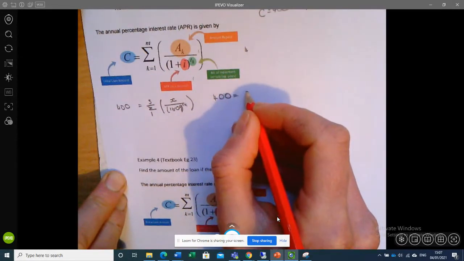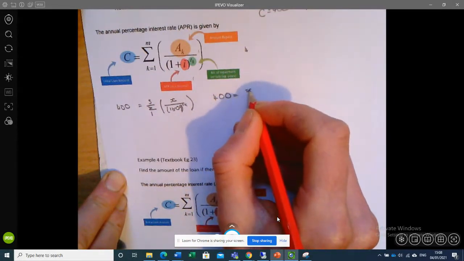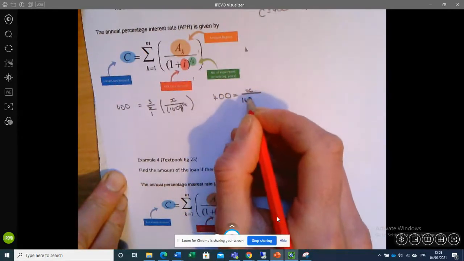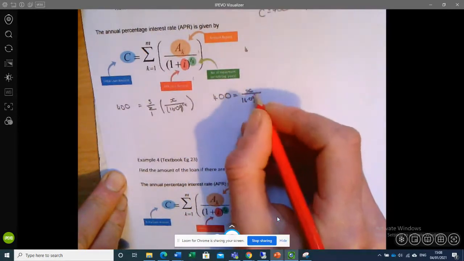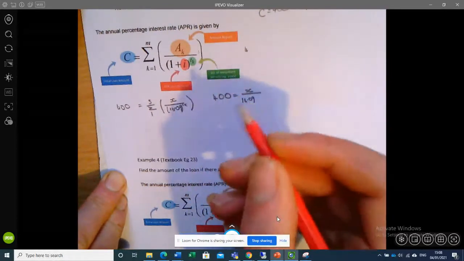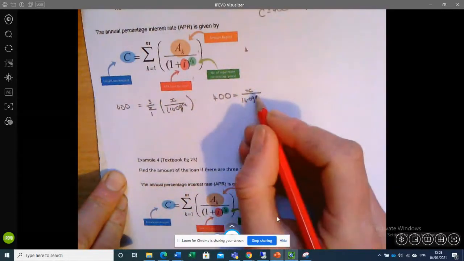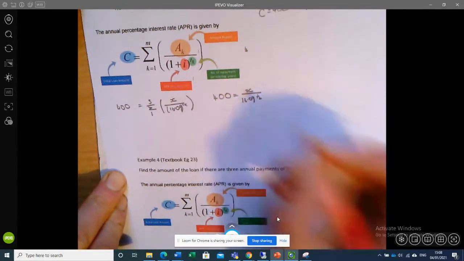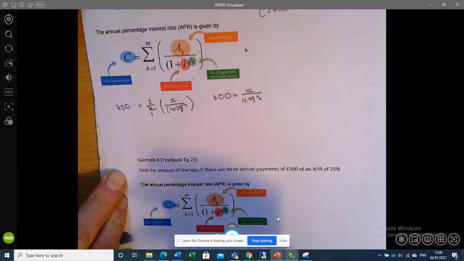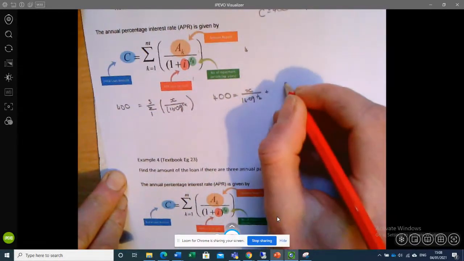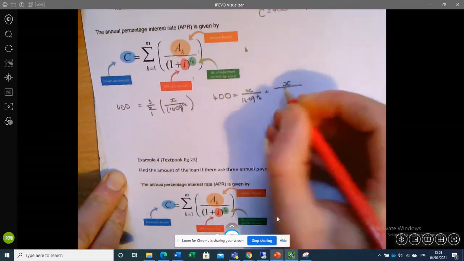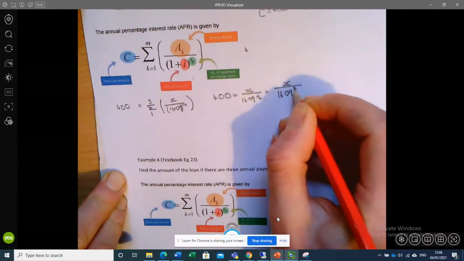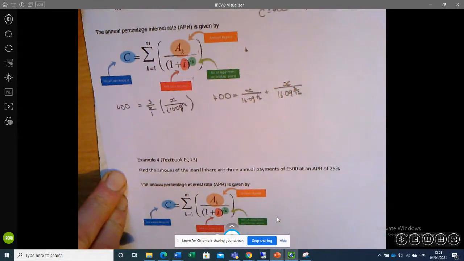Okay, so I'm going to rewrite it out here as the sum of each of the repayments. The first repayment is x, which we don't know, over 16.09 to the power of, well, because it was a monthly repayment, you write this as a fraction of a year. So the first repayment is 1/12. The second repayment is after 2 months, 16.09 to the 2/12.